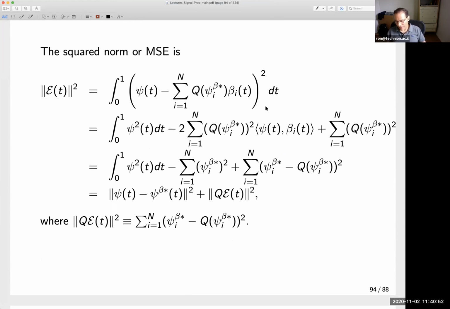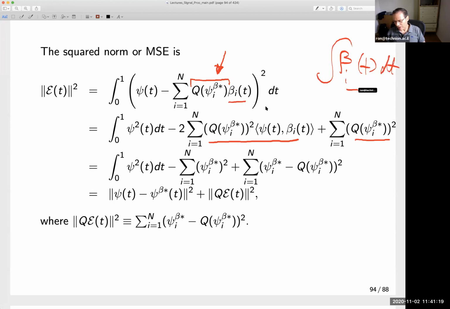So how would we define the MSE error? Now instead of just looking at the coefficients as we did before, we introduce the quantized coefficients. And again, we open the parentheses and we have these 2's, and we have the squared coefficients, because remember that when we integrate over betas, the integration of beta i squared dt is equal to 1.